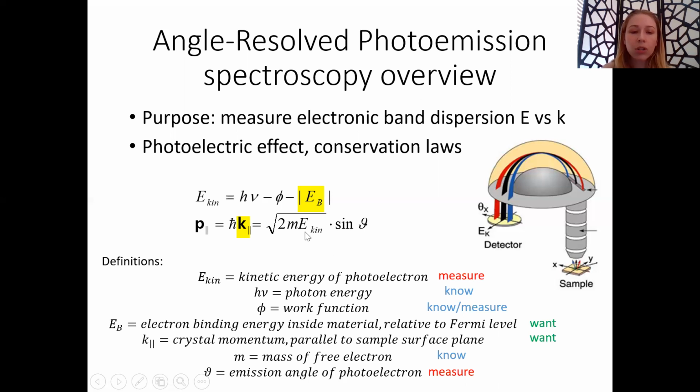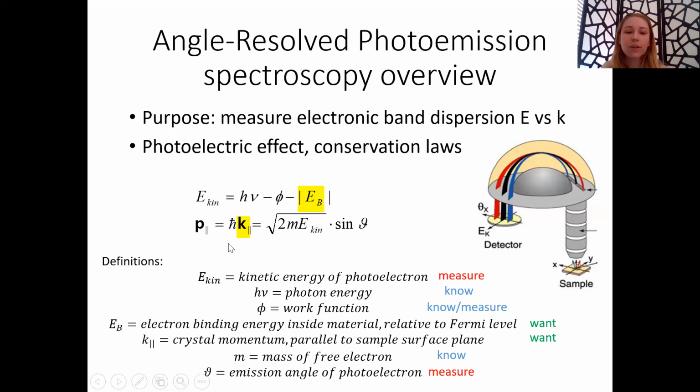And then there are some conservation laws that are shown here. So for energy, the kinetic energy that we measure is related to the binding energy. That's the energy relative to the Fermi energy that the electron had back inside the crystalline solid. And the relation there just involves the photon energy, which you know, and the work function, which you either know or measure.